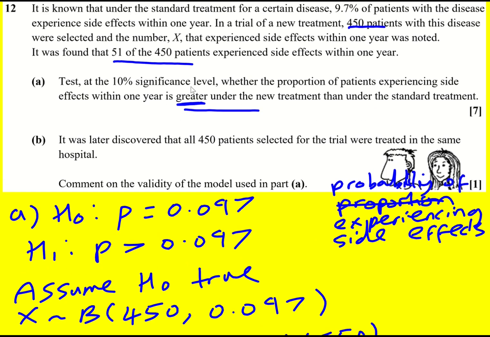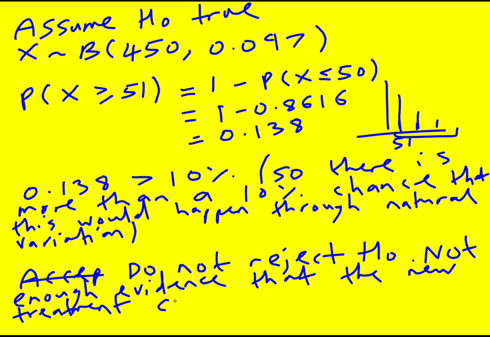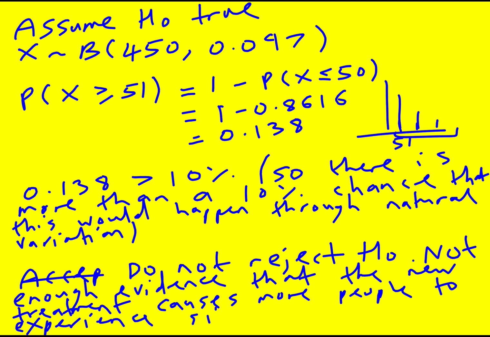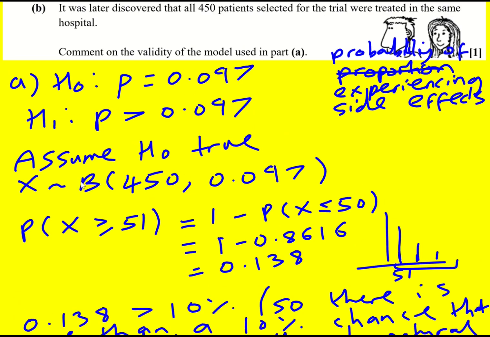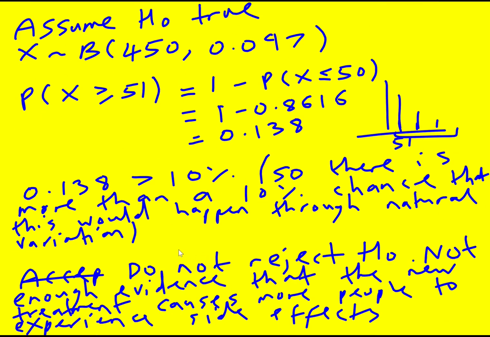The new treatment causes more side effects, causes more people to have side effects. Okay, there we go. Good. Got to get all these little steps in. H0, H1, probability, compare it with the significance level, reject or do not reject, and then give some context.